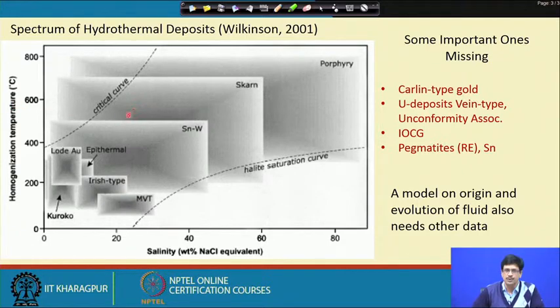These data also include the halide bearing polyphase inclusions, where we also determine the salinity. As you can see, the halide saturation curve is also plotted here compared to the composite fluid evolution diagram which we presented. Here is the critical curve.